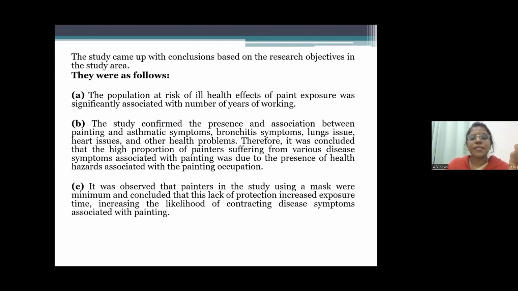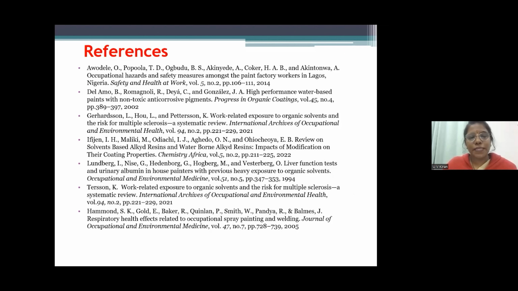There is a presence and association between painting and asthmatic symptoms, bronchitic symptoms, and lung issues. And since they are using minimum protection, it can be concluded that the lack of protection increases exposure time. It also increases the contracting of disease symptoms associated with painting.